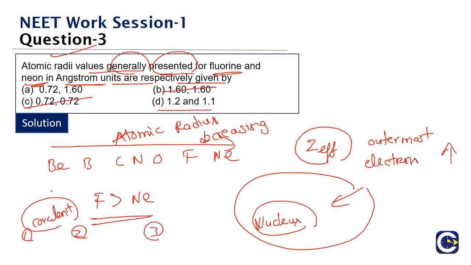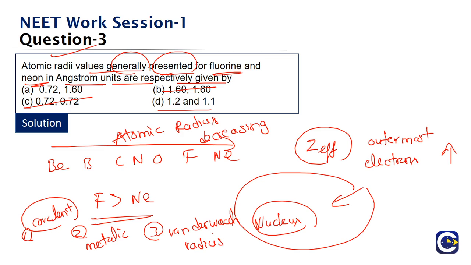We call that the covalent radius. The other is where we get the radius value from the metallic state of the element. We call it the metallic radius. And the third type is when we have the element without forming any bonding. So we have the van der Waals radius.